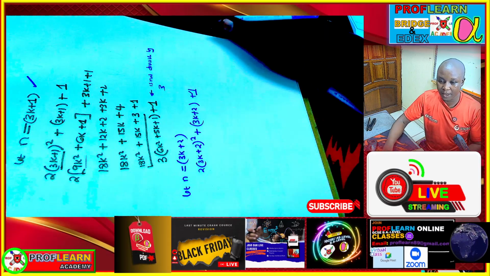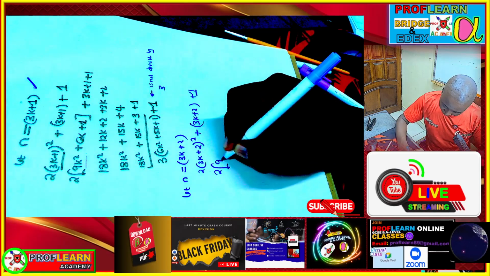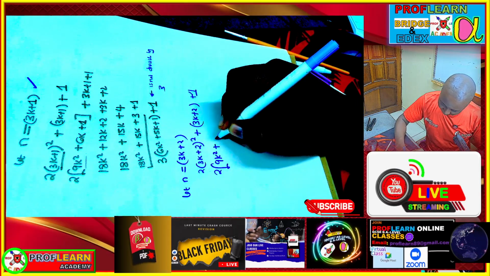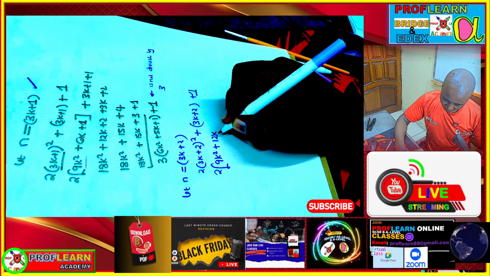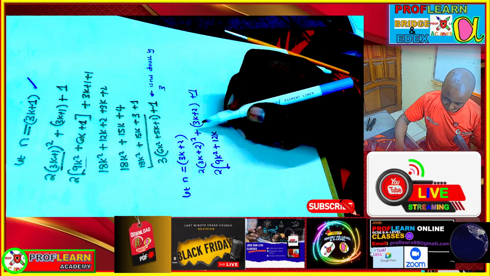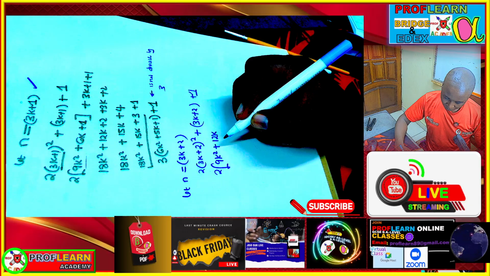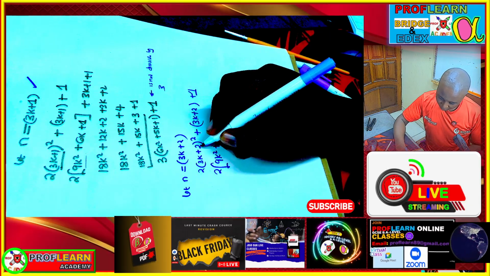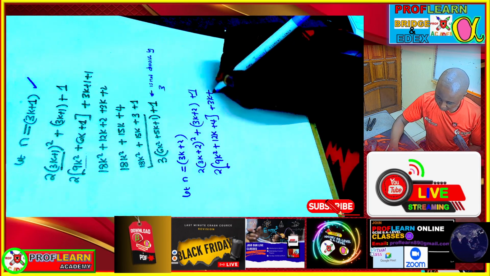So if you expand this, what are you going to have? This is going to be 2 into bracket 9k squared plus 12k. Then this squared is going to be 4. Then plus 3k plus 3.